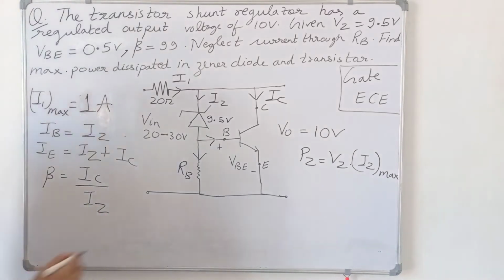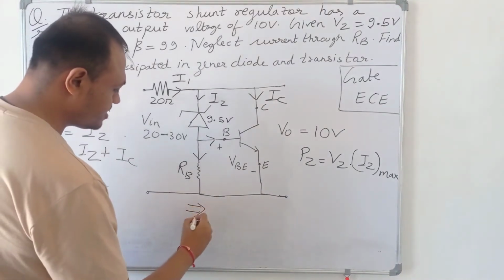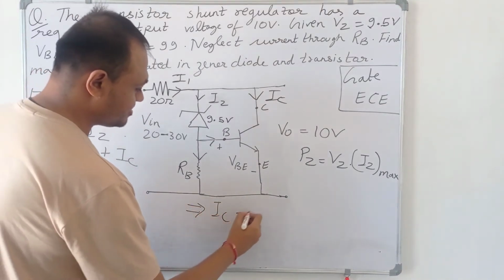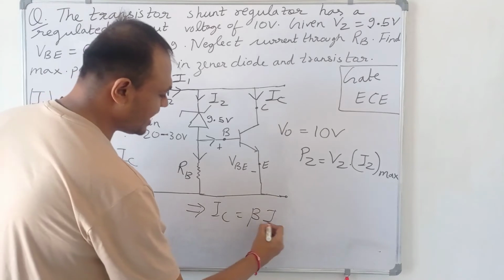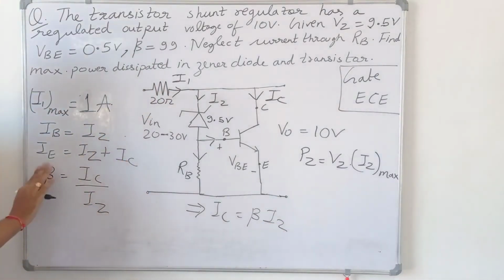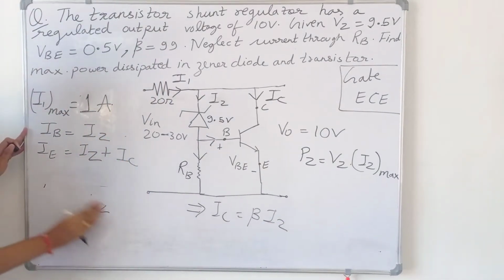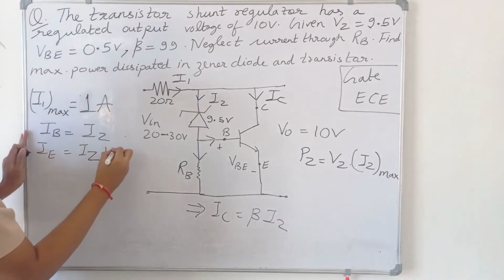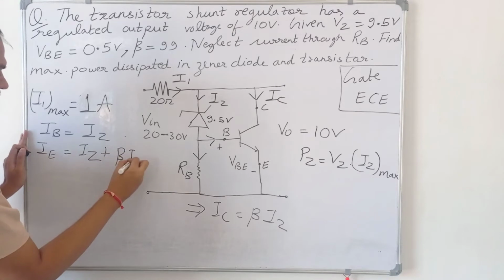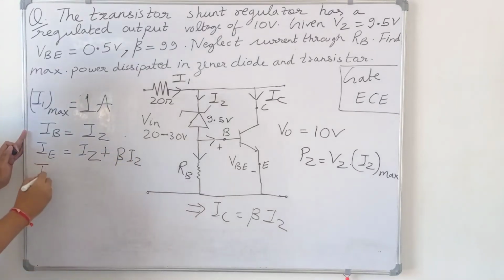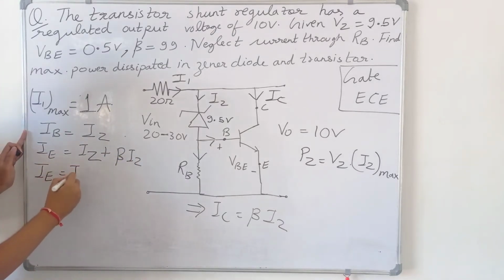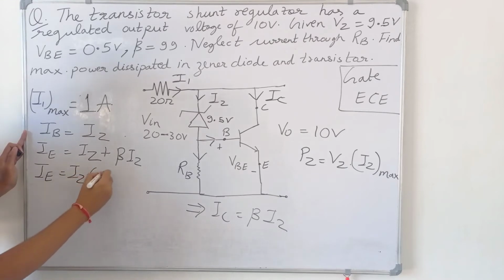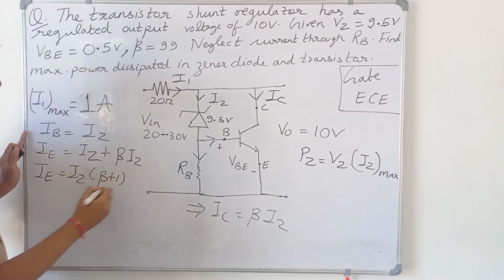So IC will be equal to beta IZ. Taking IZ common, IE is equal to IZ into beta plus 1.